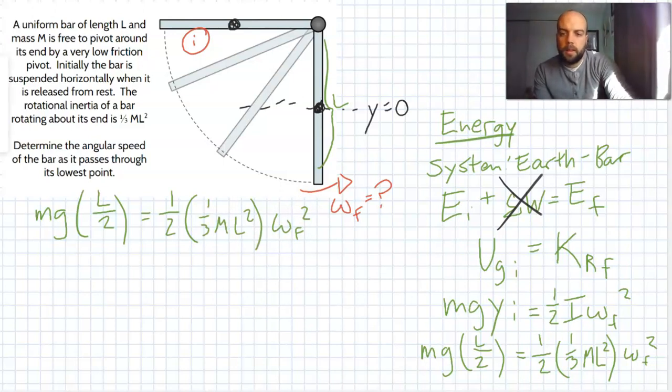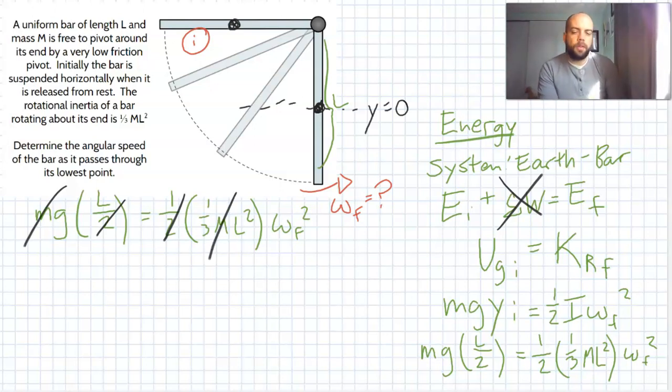Okay. This 1/2 is going to cancel with this 1/2. The m here is going to cancel with the m here. I wrote them as little m and big M, but it's all the mass of the bar.